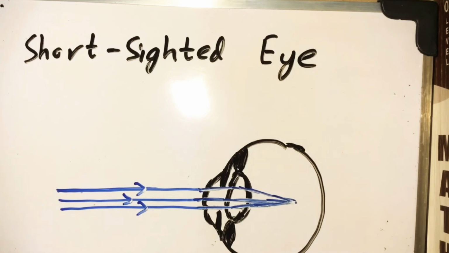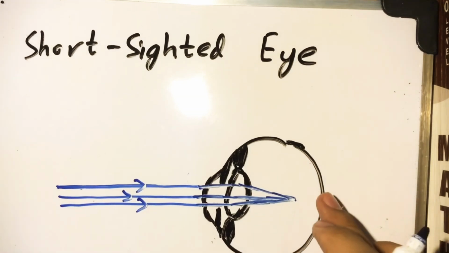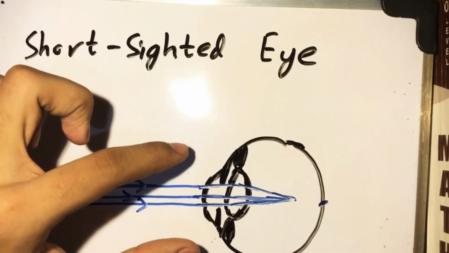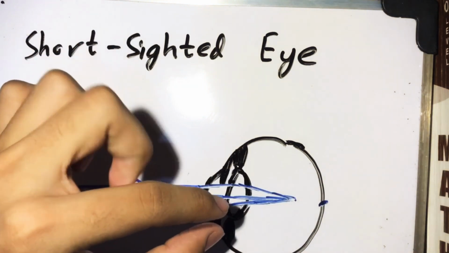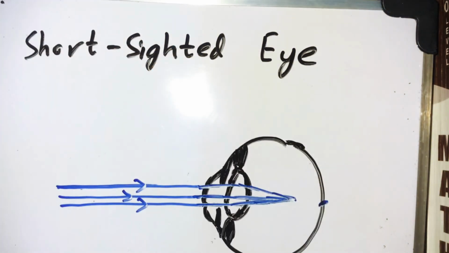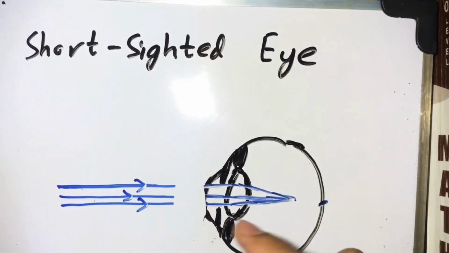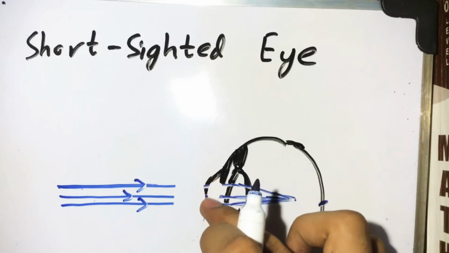Now in this case, what we need is that the image has to be formed over here at the retina. So for this, the rays need to be diverged so that when refraction occurs, they meet at this point. Therefore, we will use a diverging lens in case of a short-sighted eye.